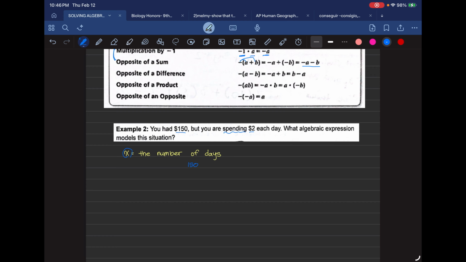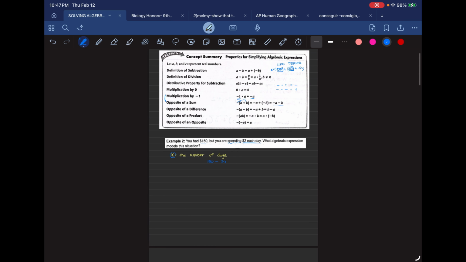But you're spending $2 every day, so it's going to be subtraction. If we're profiting from it, we are going to add, but because we're spending, the money is being subtracted from our initial amount, so we're subtracting 2x because $2 each day, and x equals the number of days. And that's it, because it's asking for an algebraic expression, not an equation.